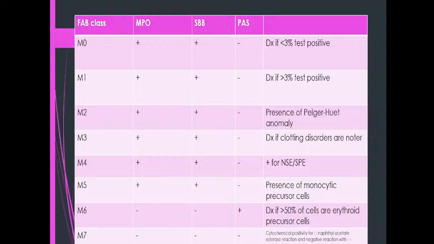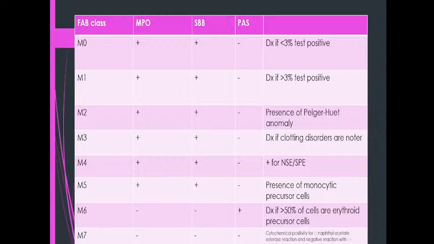Sudan Black B is also going to mirror the same results. Okay? It's going to have M6 and M7 as negatives. Okay? For periodic acid shift, there's only one of them that will test positive, and that is M6. Okay? It is diagnostic if more than 50% are precursor cells.